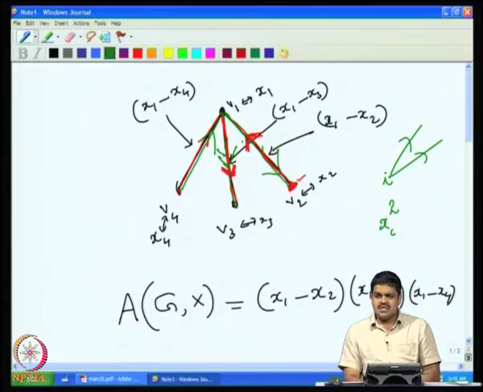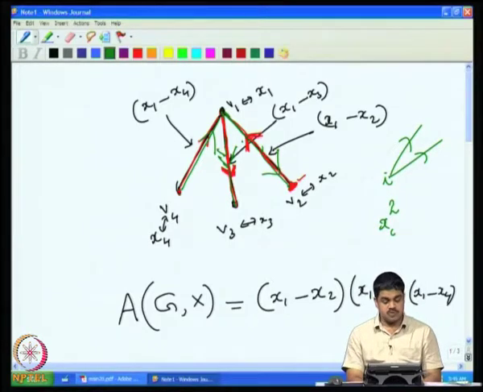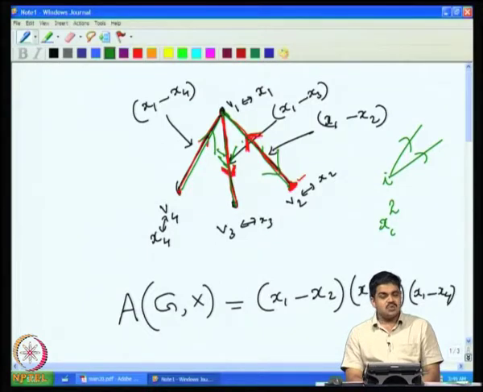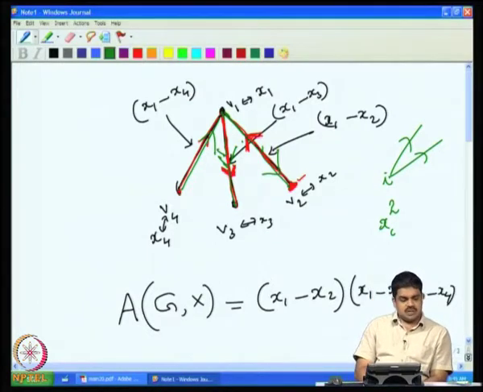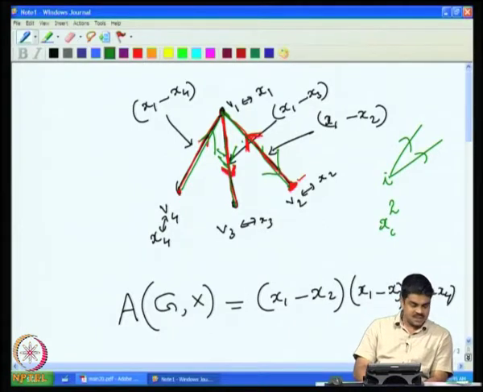The only thing is the sign may not be the same, the signs may be different. It is possible that one of them may get a positive sign, the other may get a negative sign. So, though there are 2 raised to m terms, some of them are the same terms, but possibly with different signs, so they may add up to make a 0, that means they may cancel out.